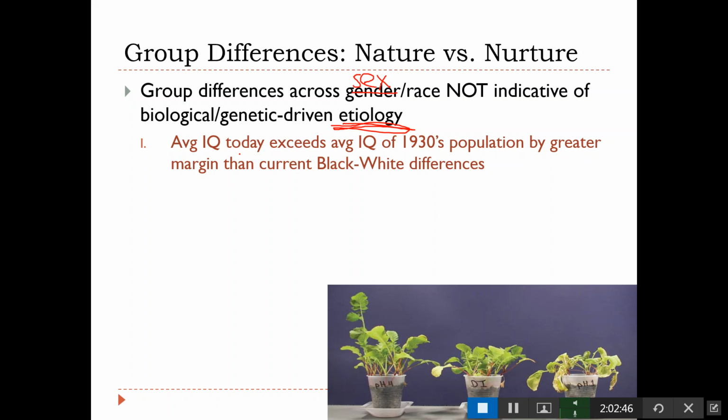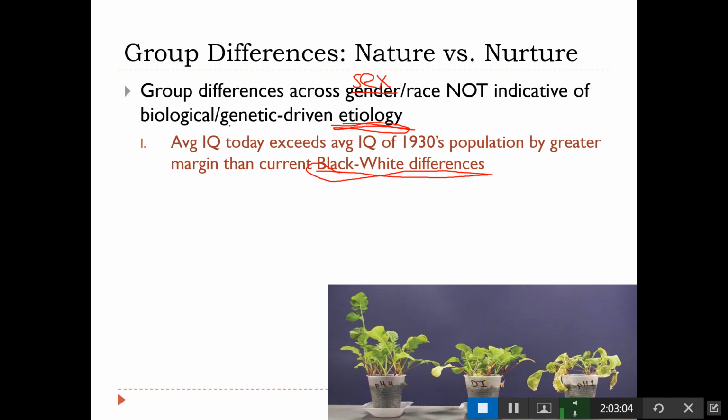So for instance, the average IQ today exceeds the average IQ of the 1930s population, more so than our current differences between blacks and whites on intelligence. So think about that. People in the 1930s, their average IQ is lower than our average IQ today.